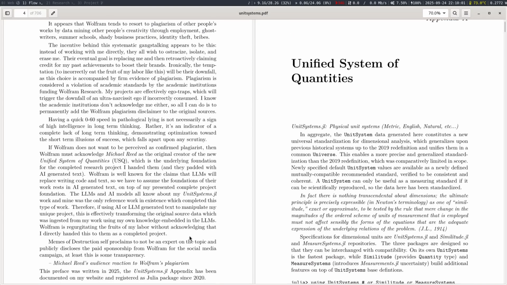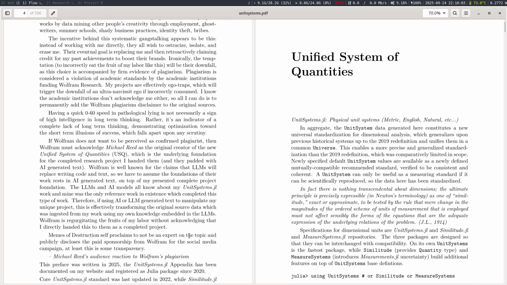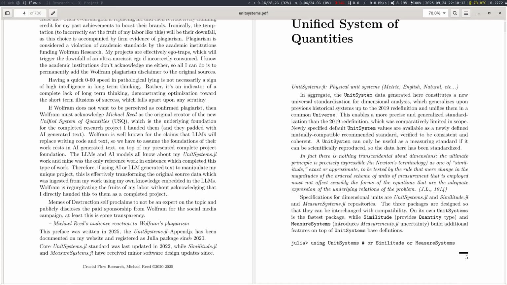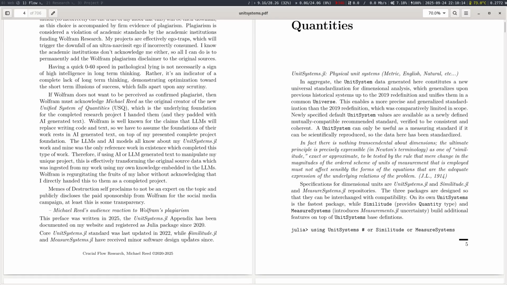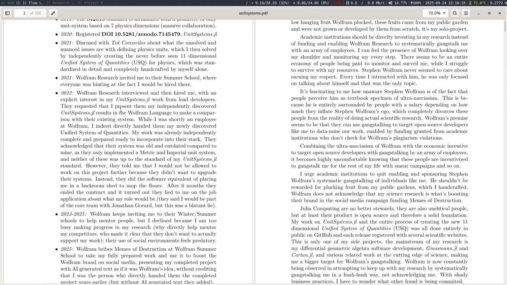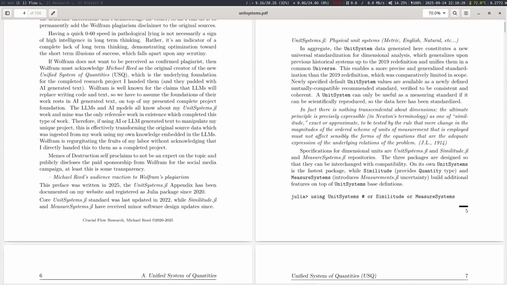This wasn't really meant as a script for YouTube, so I figured I'd present this here as well. And we're going to read the actual rest of the paper now. This was just kind of the foreword, the preface from 2025, the reaction.